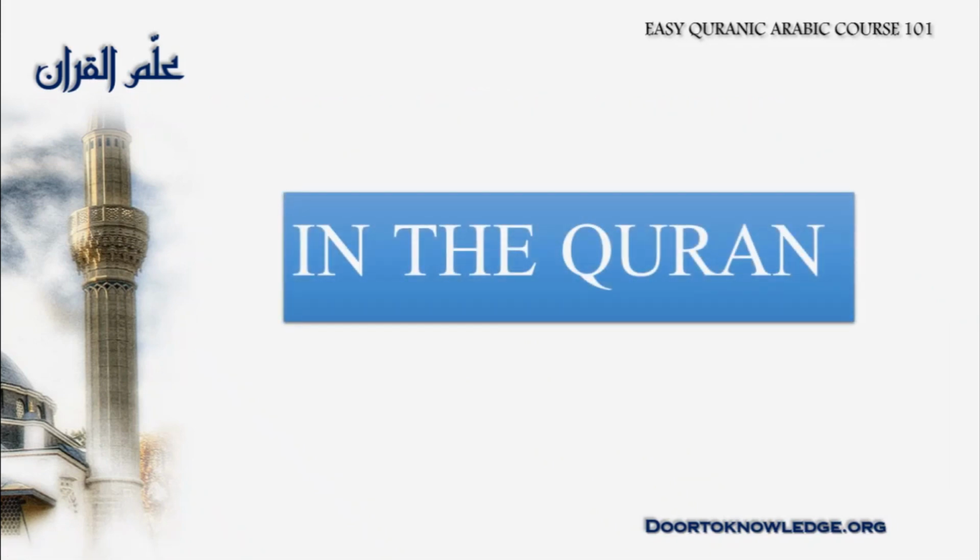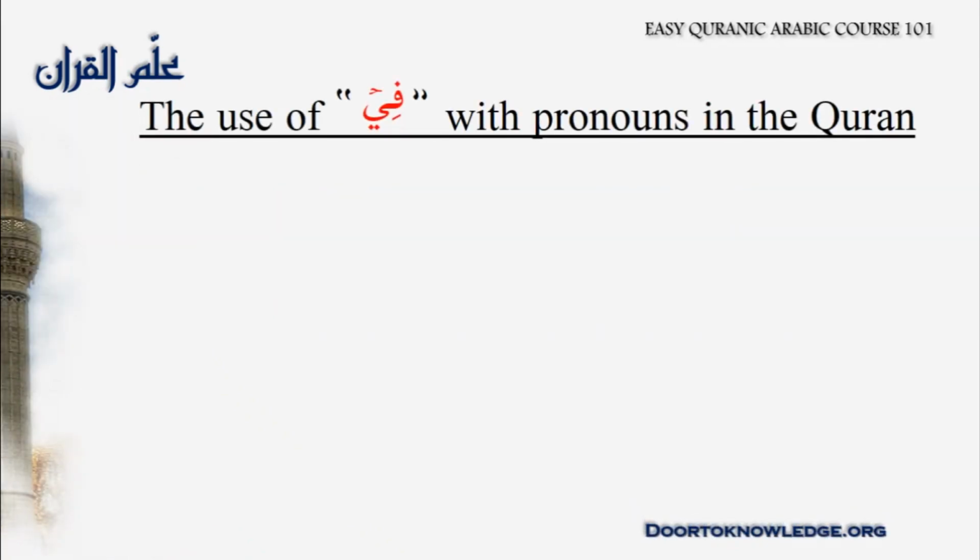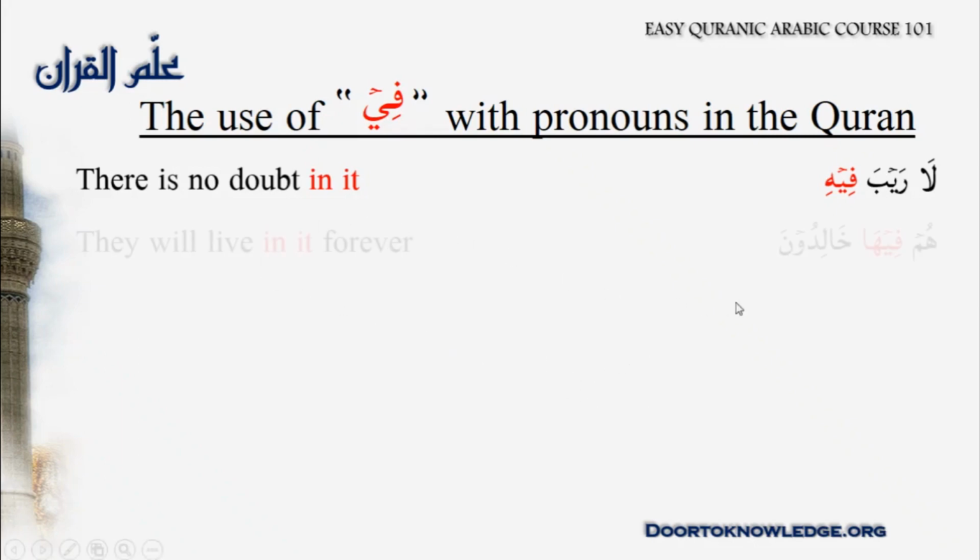And the use of prepositions and pronouns in the Quran. The use of fi with pronouns in the Quran. La rayba fihi, there's no doubt in it. Fihi, in it. Hum fiha khalidun, they will live in it forever.